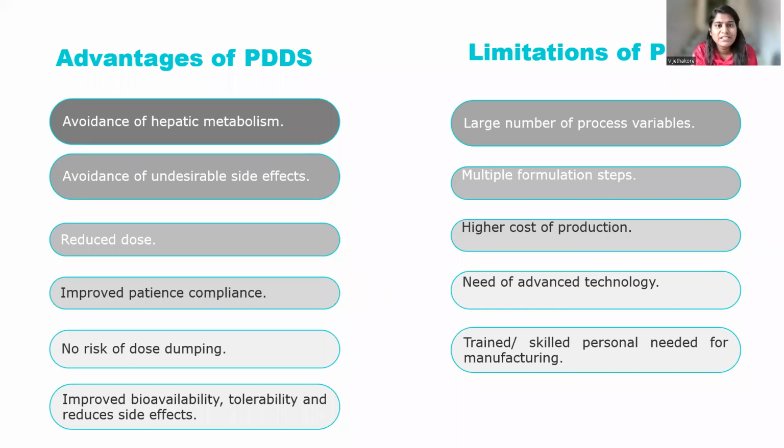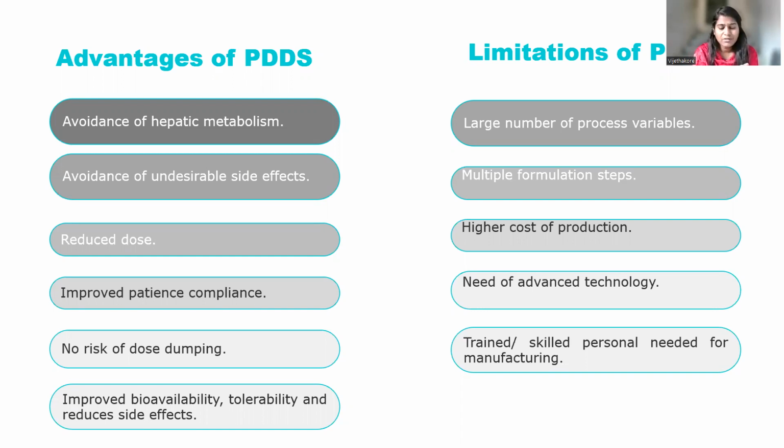So these are the advantages of pulsatile drug delivery systems. By pulsatile drug delivery systems, we can avoid hepatic metabolism, because when the drug is released in the stomach, there is a large portal vein just beside the stomach. The drug will enter this portal vein and be carried to the liver.